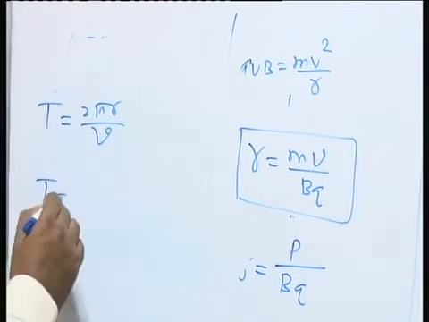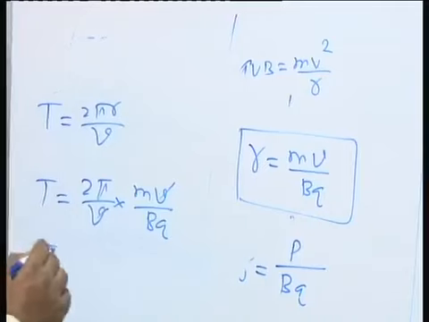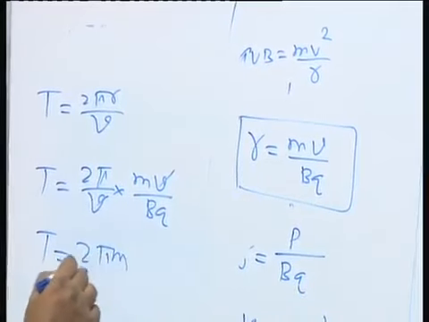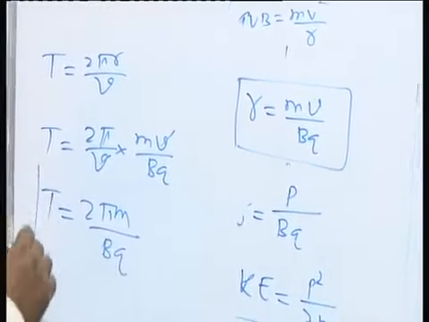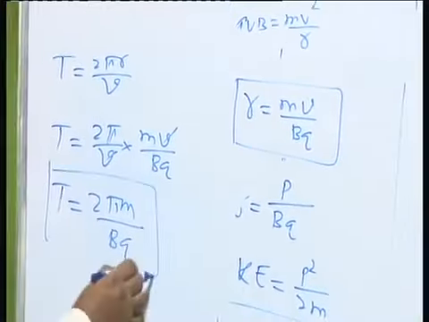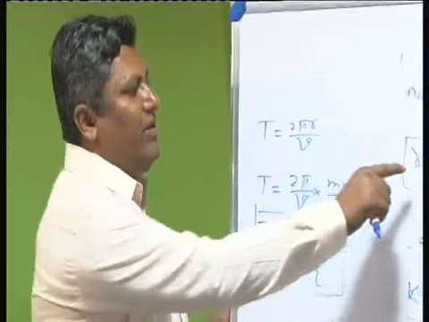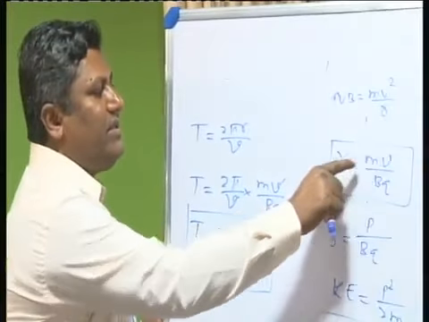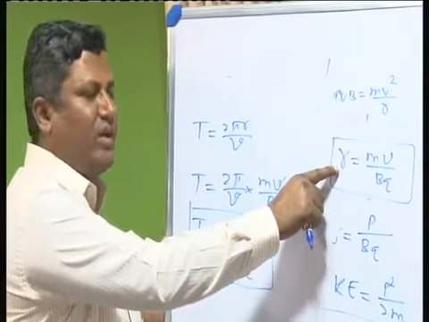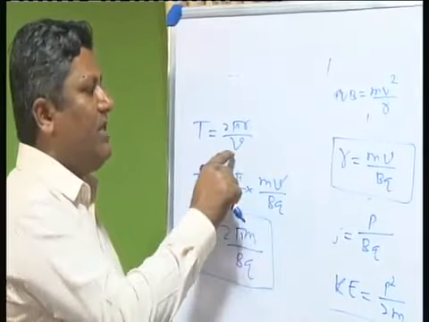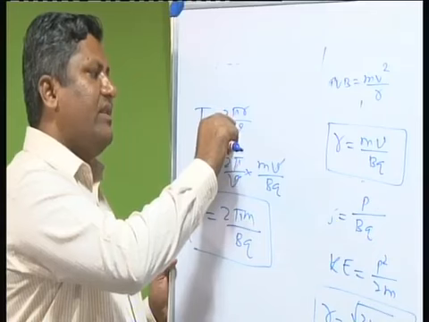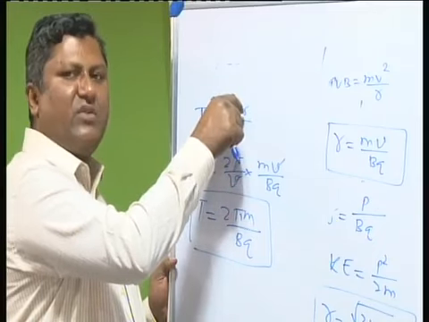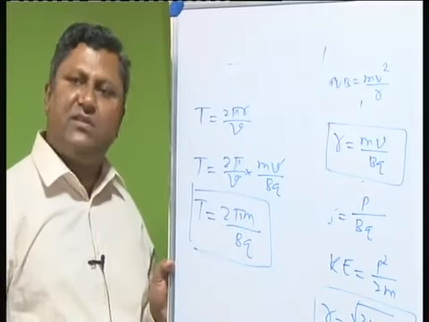Now you can see the velocity gets cancelled. So this clearly shows that time period is independent of the velocity of the charged particle. Mainly because as the velocity increases, radius also increases. As the velocity increases, in the same proportion distance also increases, so time period remains constant.